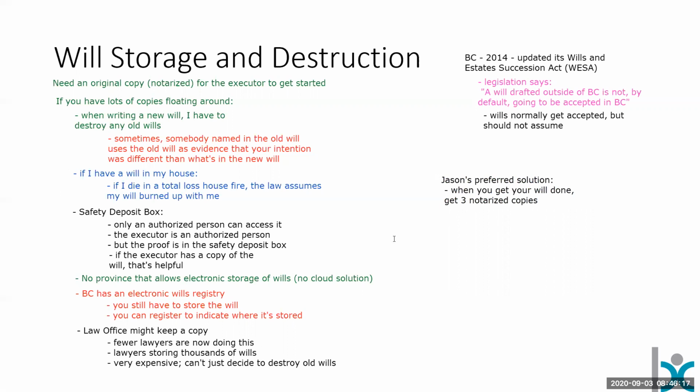Okay, and you keep one in your house, one with your executor, as long as it's not also your spouse or your alternate executor. Don't keep 2 in your house. That doesn't help anything, right?